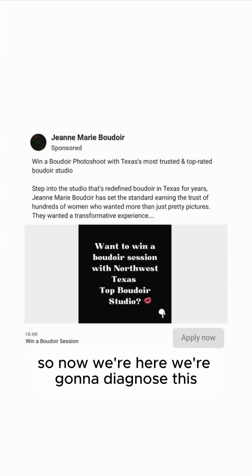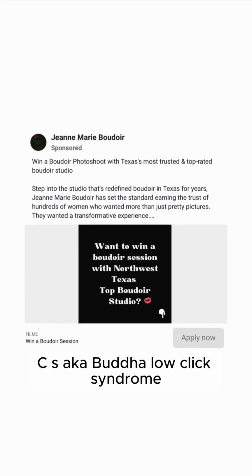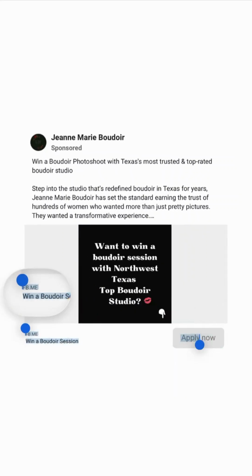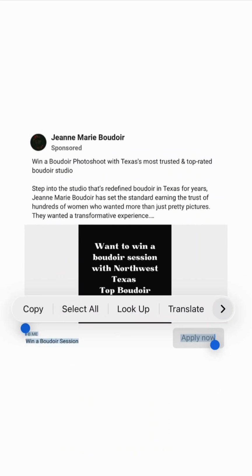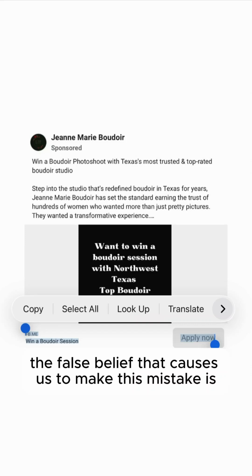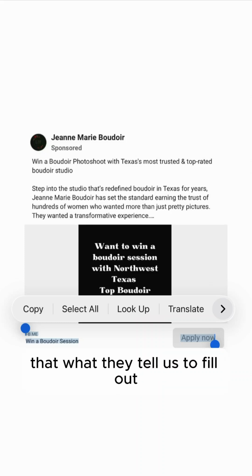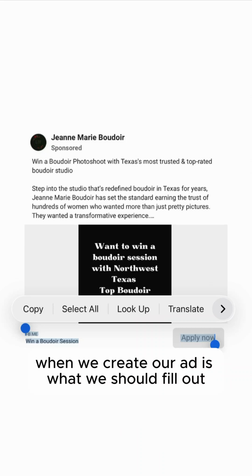So now we're here. We're going to diagnose this, see if we believe it has BLCS, aka Boudoir low click syndrome. So let's see what we got. We got the below creative cluster mistake here. The false belief that causes us to make this mistake is we are trusting Facebook that what they tell us to fill out when we create our ad is what we should fill out.